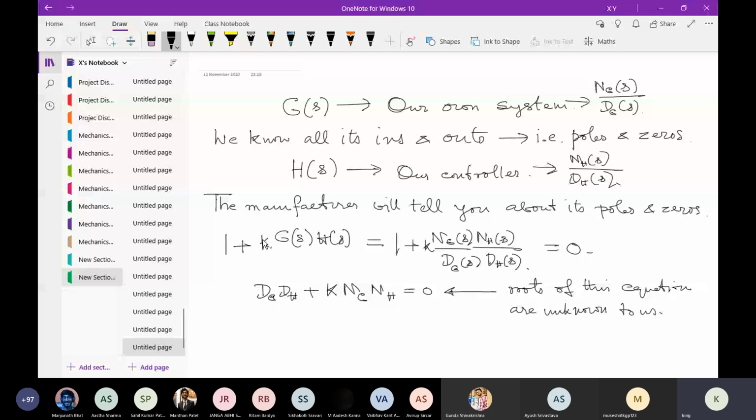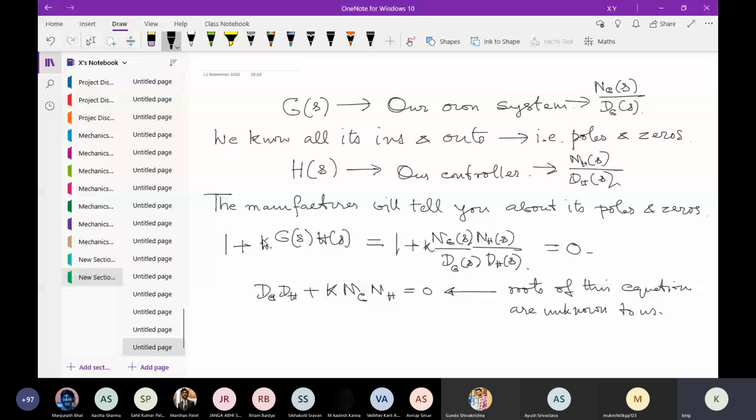An honest shopkeeper sells you an HS for your control, giving you the complete details. So for G into H, you know how to factorize its numerator, you know how to factorize its denominator. So for this GH, you know the zeros and the poles.